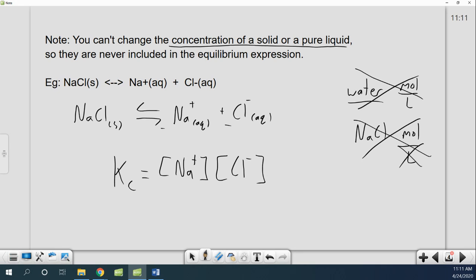Again, I don't have any coefficients, so I can skip those, divided by, well, nothing. I don't include sodium chloride. It's a solid. It doesn't have a concentration, so I can't use it. If you really want to include it, you can just put a 1 instead. Dividing by 1 doesn't change the answer, but it's much easier if you leave it off. If you have a solid or a pure liquid, you don't have to include them because they don't really have a concentration.